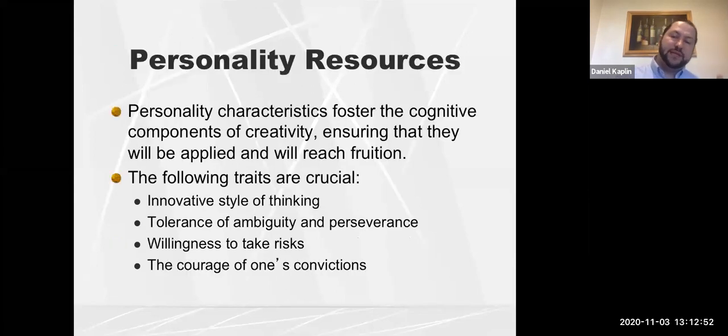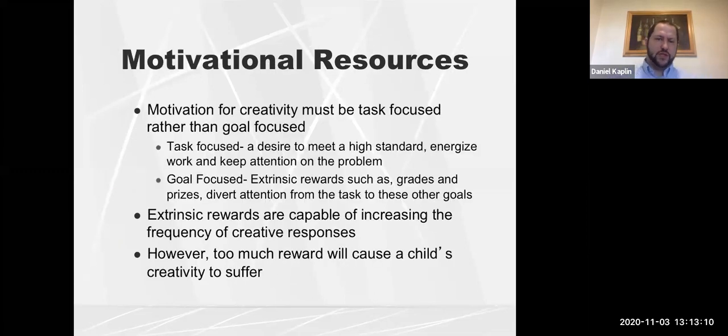In terms of personality, you have to be able to tolerate uncertainty, ambiguity. You have to be able to have perseverance. You have to be able to deal with failure. You have to be willing to take risks, and you have to have the courage of your conviction. And in terms of motivational factors, you focus on the task rather than the goal.